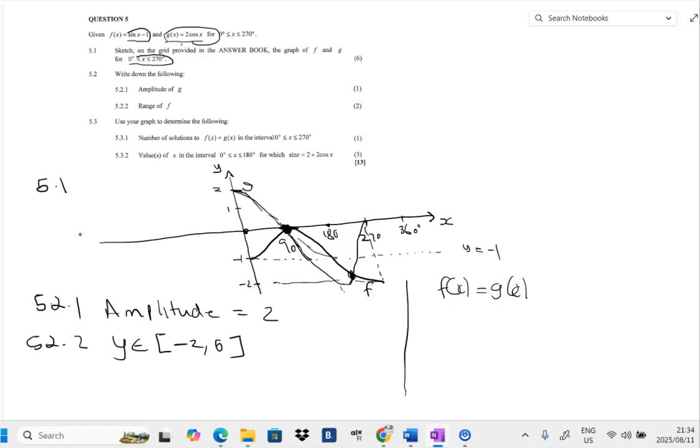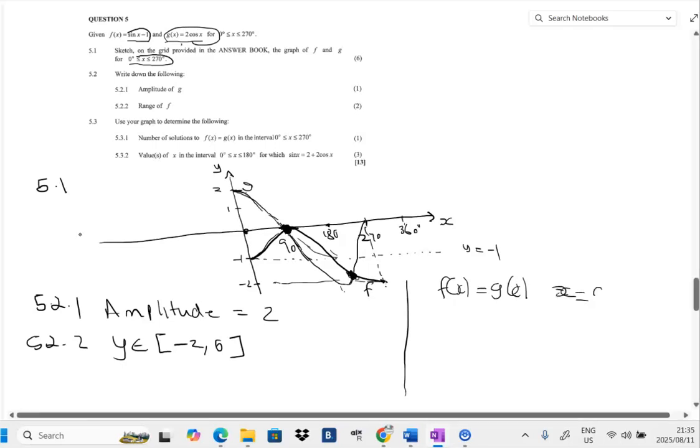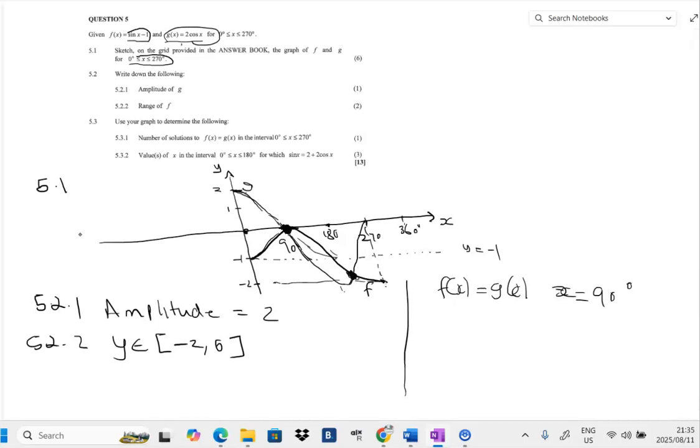I don't know if I have drawn it correctly, but from here is 0, then to here, then after I'll have 270, then after 270 I'll have 360. Then this is another point where the functions are equal. So you can say x is equal to 90 degrees.